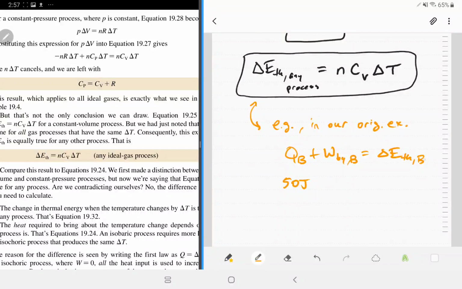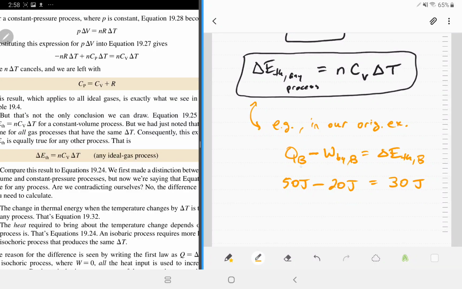Remember, this is delta E for path B. I'm just reminding you that this equation applies to process B. So remember that Q_B was 50 joules. That's the quantitative bit that we did before. And then the work done by the gas, sorry, this should be a minus sign for the first law. So that's why the subscripts really help in figuring this out. So this is 50 joules minus, turns out this is 20 joules. And the only reason I know this is that the delta E is the same as Q_A.